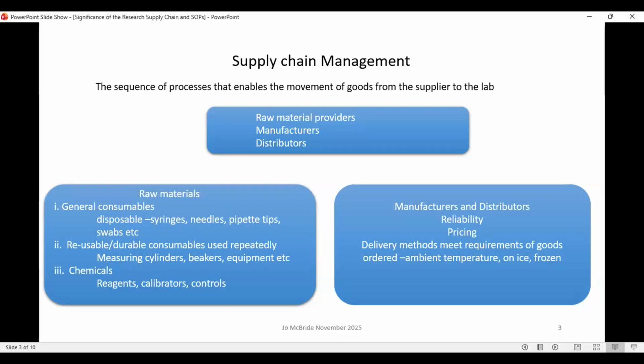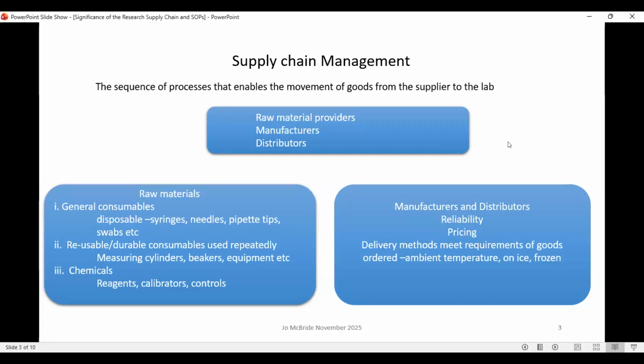And then we have to look at the manufacturers and the distributors. When you're trying to source them, there's quite a bit of homework sometimes you have to do. Sometimes there's not very much homework because they come recommended, but you have to look at reliability and pricing, and whether the delivery of the goods meets the requirements.